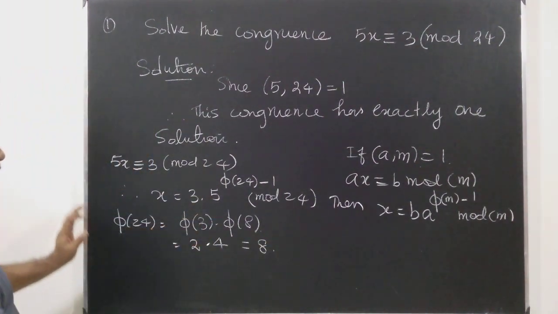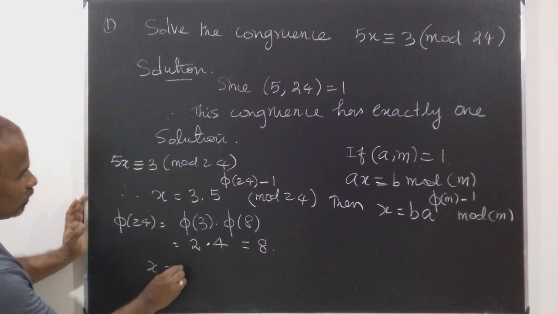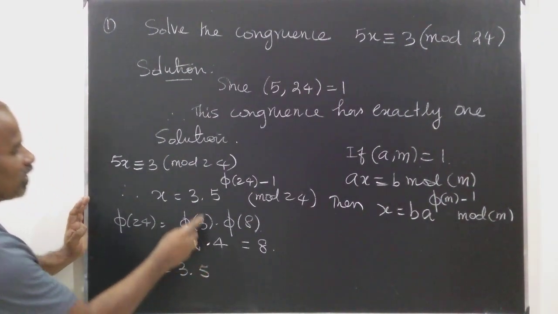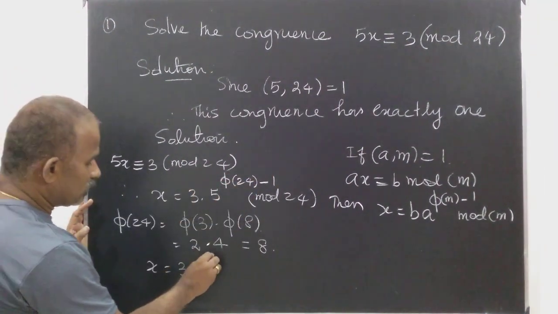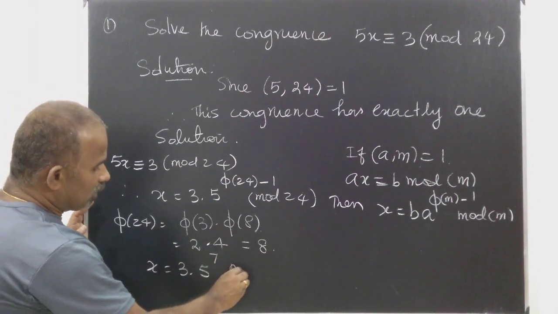So x is equal to 3 times 5 to the power 8 minus 1, that is 5 to the power 7, mod 24.